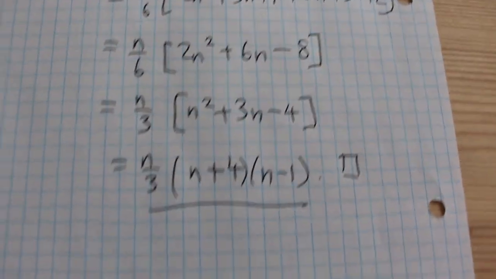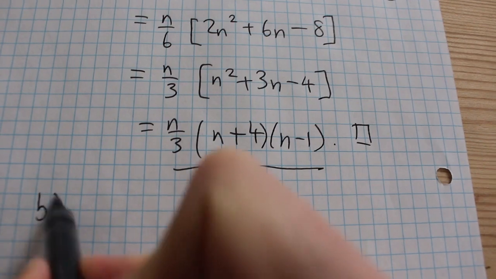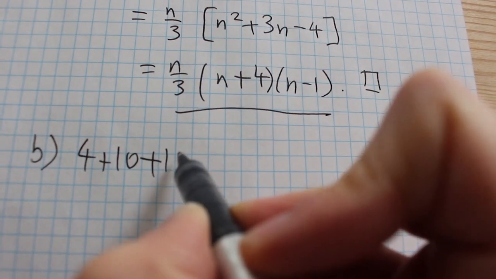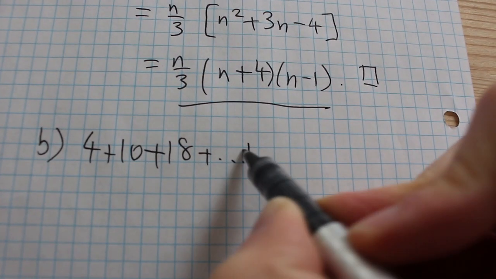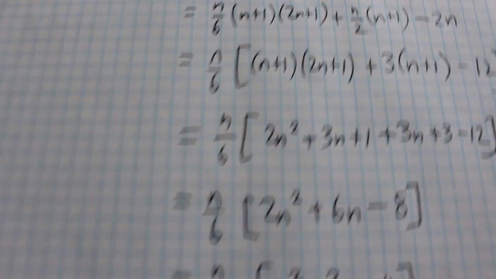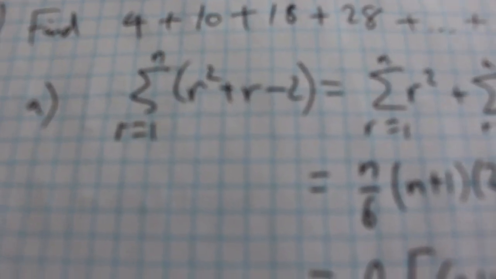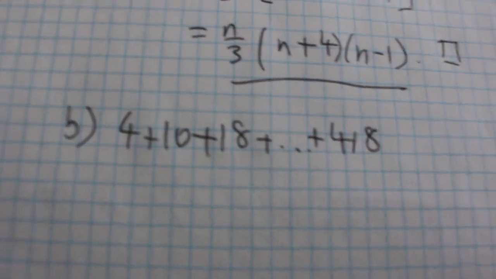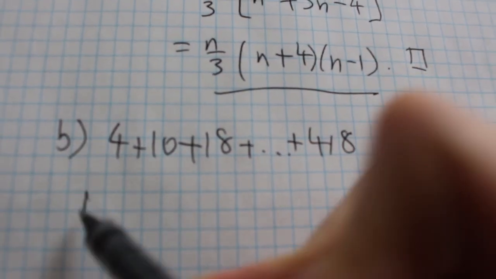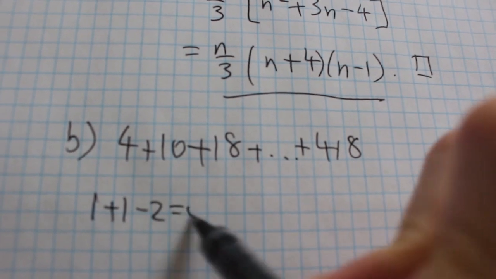And then part B asked us to evaluate 4 plus 10 plus 18 all the way up to 418. Well, let's think about r squared plus r minus 2, because presumably that has some connection with this. If r is 1, 1 squared plus 1 minus 2 is 0.